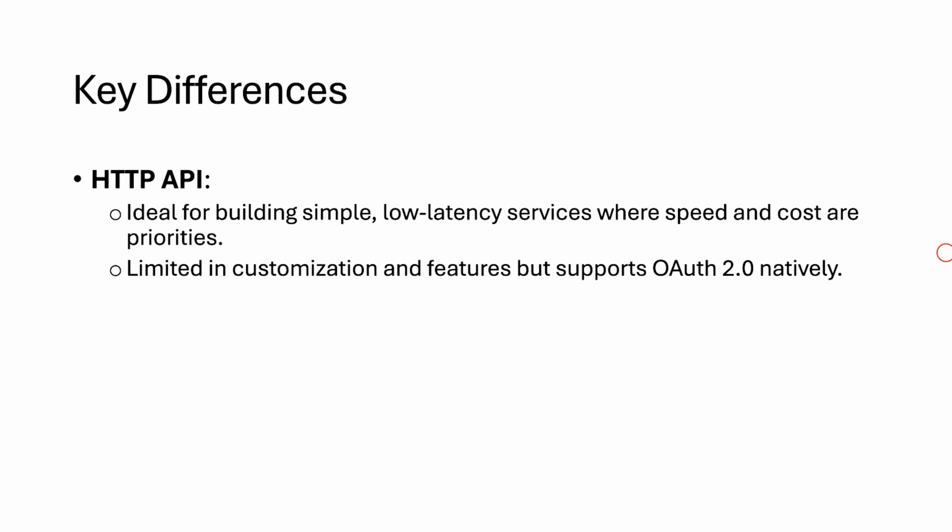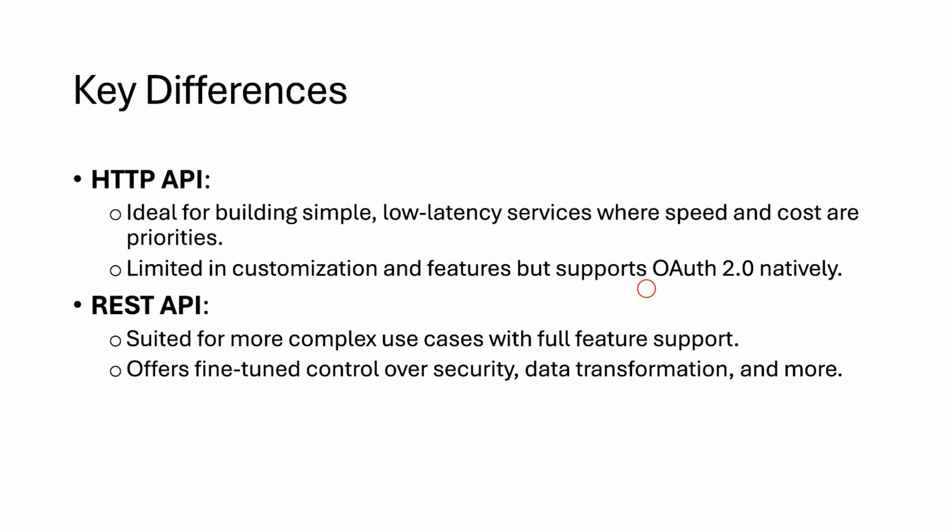Right? To summarize, HTTP APIs are great if you need a low latency, cost-effective solution and don't require heavy data transformation. So the point is, it is for building simple, low latency services, and it is also limited in customization, right? It only supports OAuth 2.0 natively.